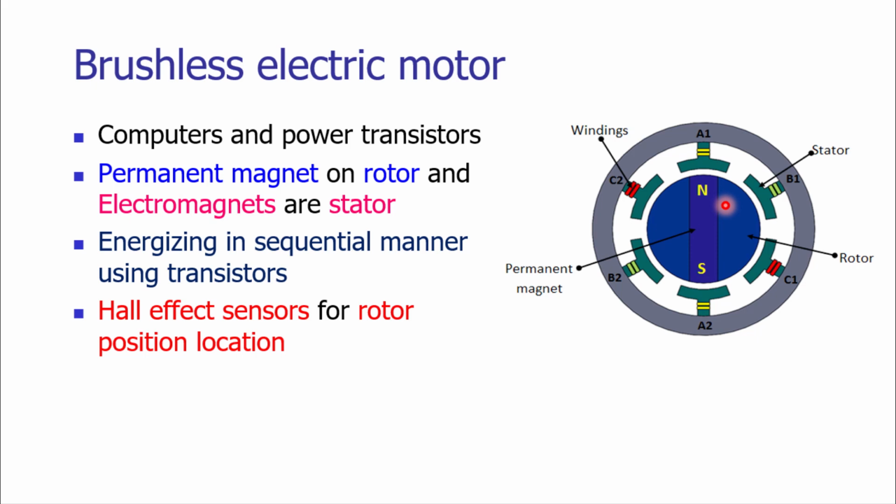Then B1 will be energized, and the current which is passing through A1 will be removed. As B1 is getting energized, there is a generation of a south pole at B1, and the north pole will get attracted to B1. So as it is getting attracted, it will try to align itself along B1, B2. There is a rotation of the shaft. There is a rotary motion that will occur.